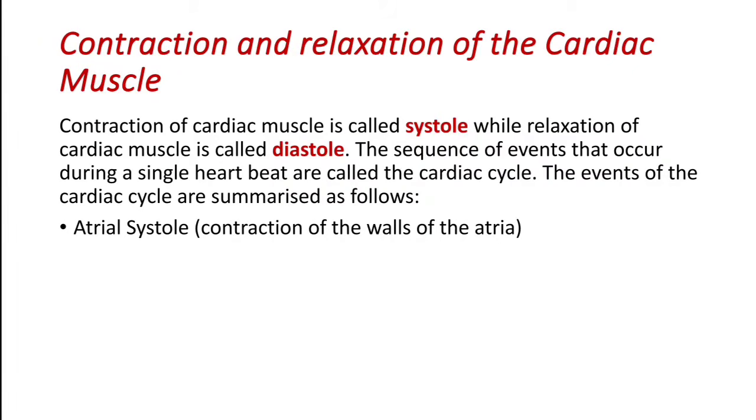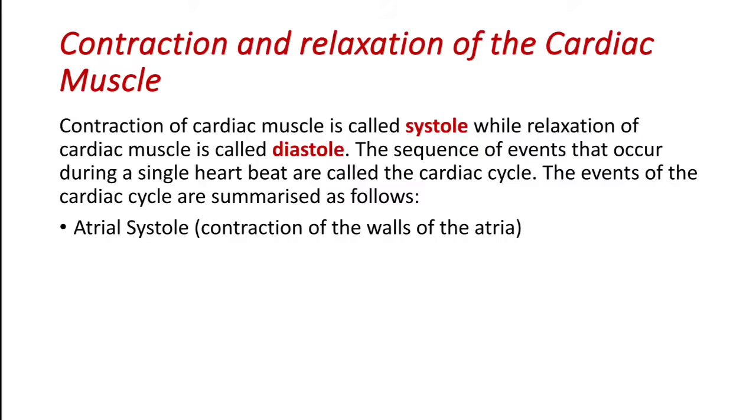Now, these chambers, what do they do? Chambers simply receive blood. Okay? Chambers, they receive blood. And these chambers have got walls, and these walls are made up of a muscle, which is the cardiac muscle.